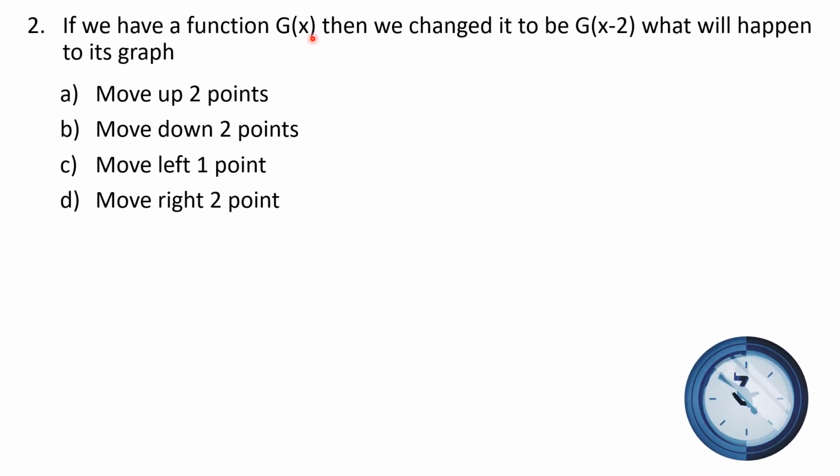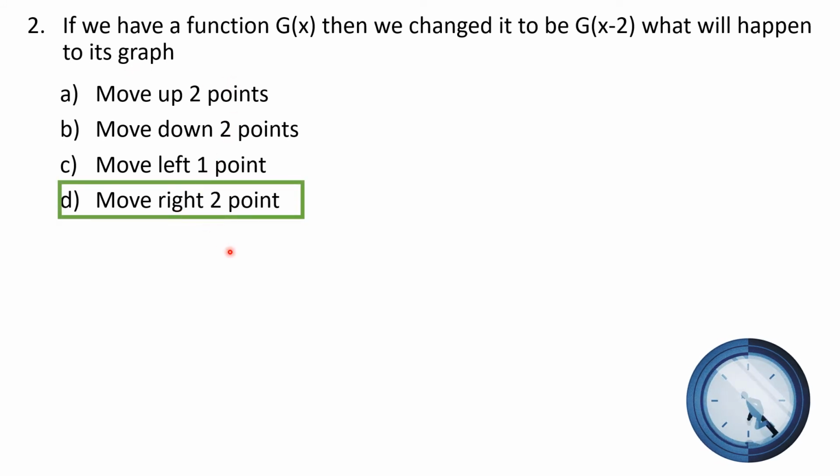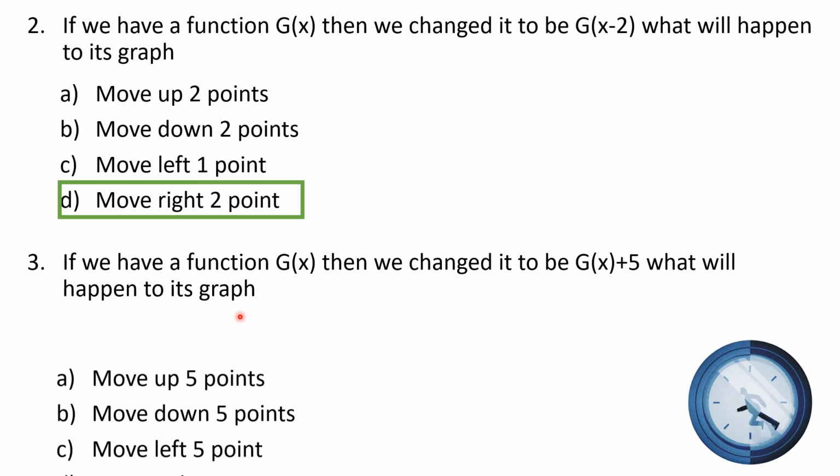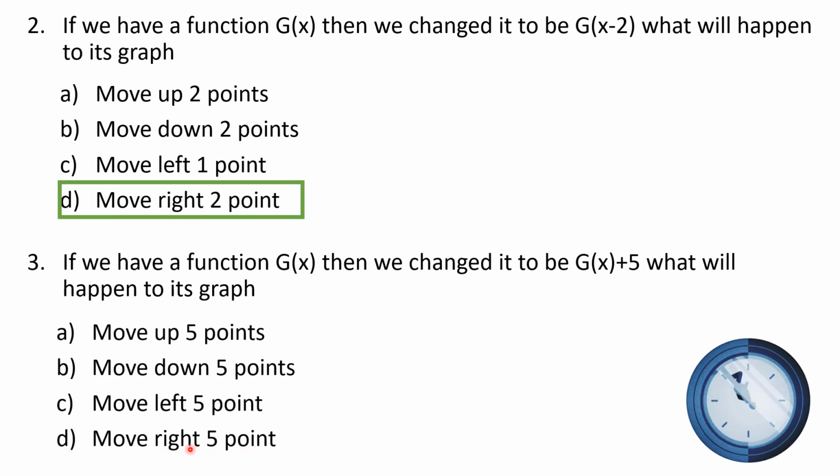If we have a function g of x, when we change it to be g of x minus 2, what will happen to its graph? It will move to the right 2 points. If we have a function g of x, then we change it to be g of x plus 5. What will happen to the graph? Move up 5 points.